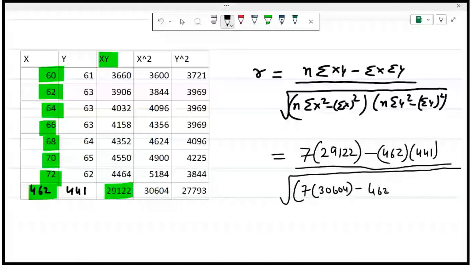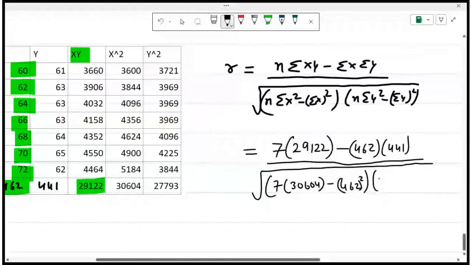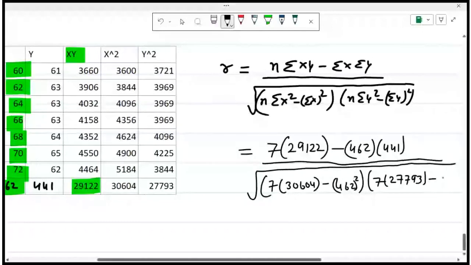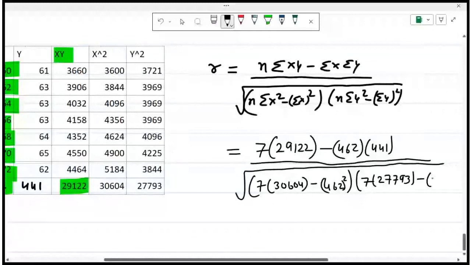Bracket close. Now the same thing for y. n is 7, sum of y square is 27793, minus sum of y whole square. Sum of y is 441, and square of this. And now we have to close the bracket.